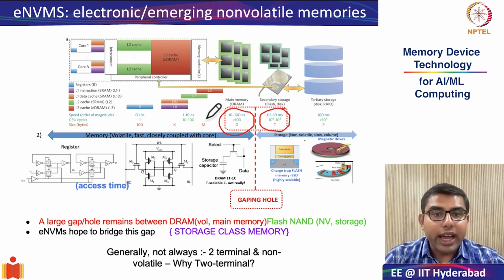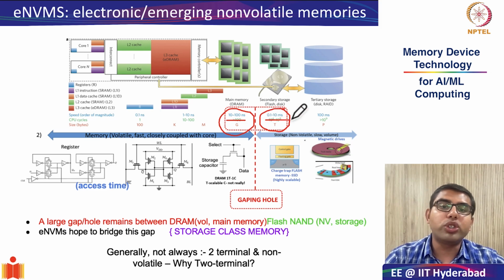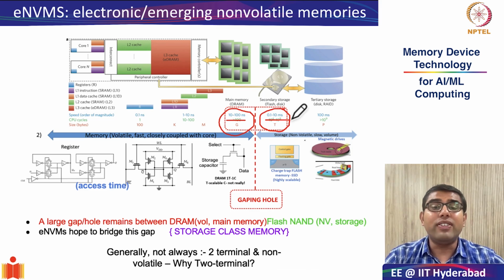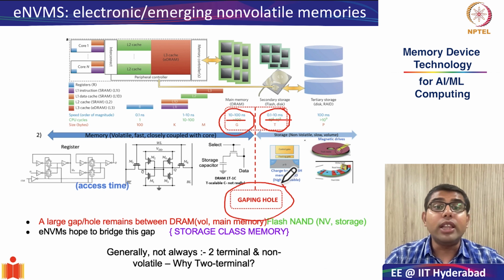Whereas the latencies in DRAM are roughly in the order of 10 to 100 nanoseconds, for NAND flash storage subsystems, this latency goes to almost 0.1 to 10 milliseconds. Now please note, this is almost 4 to 5 orders of magnitude difference. So the latency mismatch is in the range of 4 to 5 orders of magnitude, and that is what we described as the gaping hole between the memory subsystem and the storage subsystem.